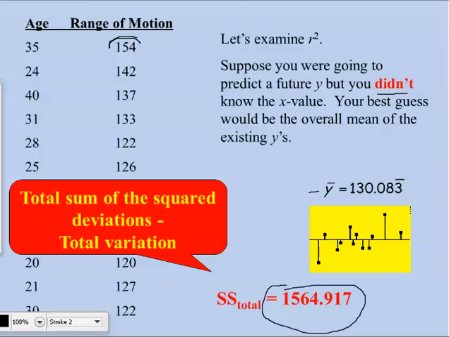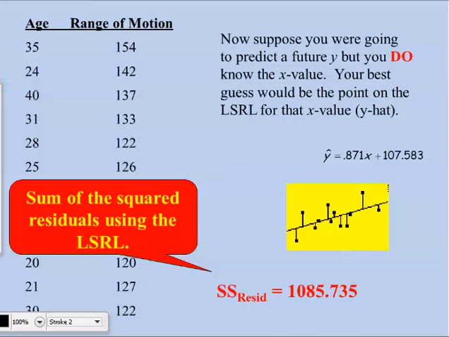That's just using the mean as the value, because we didn't know what the x value was going to be. So if we did know the x value, we'd want to use that y hat number, because that y hat is something we could calculate, since we had an equation to help us calculate it.